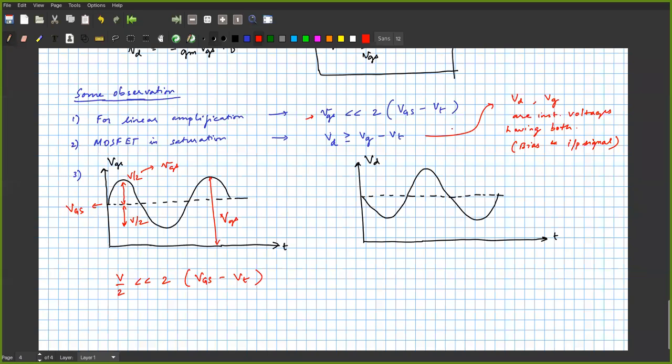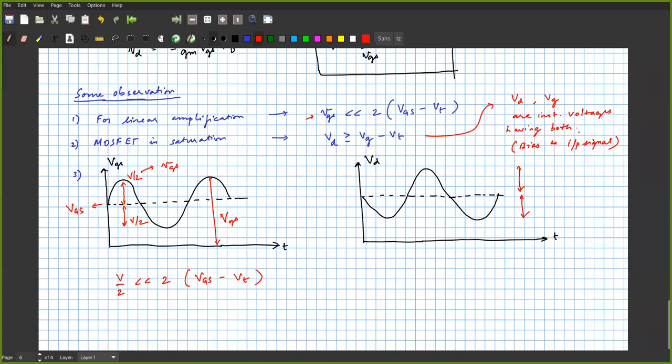Now at the output side, this is actually GM RD, not minus. Minus is simply to indicate that it is an inverting amplifier, which is already showcased here.